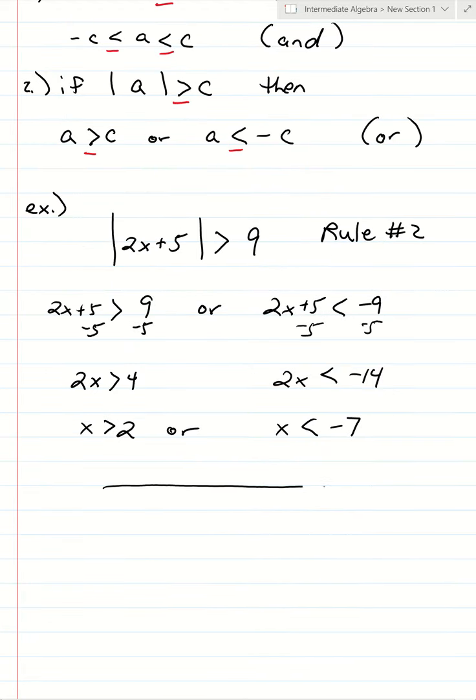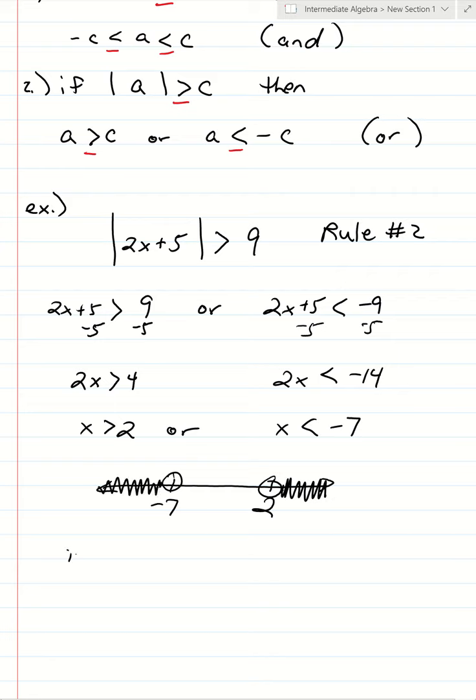If we were to graph this on our number line, we would put our critical numbers negative 7 and 2. Both 2 and negative 7 are not part of the solution, so remember we represent that with open circles. X is greater than 2, we shade to the right of 2. X is less than negative 7, we shade to the left of negative 7.